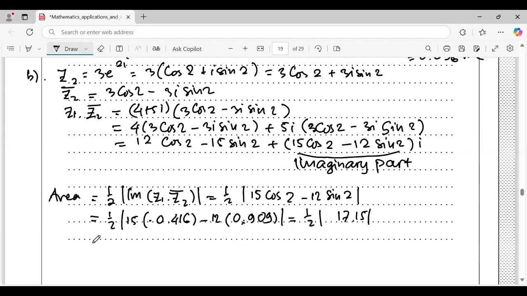And the result is 8.575, or 8.58, square units.